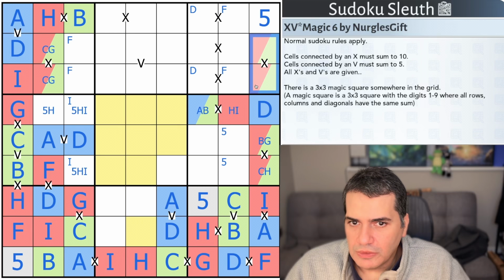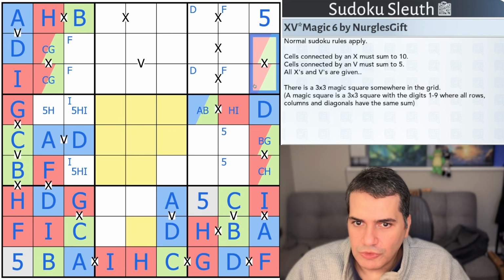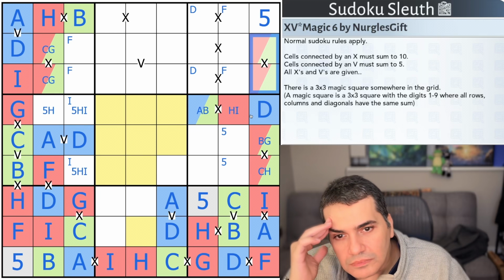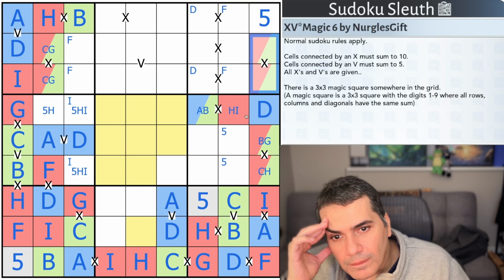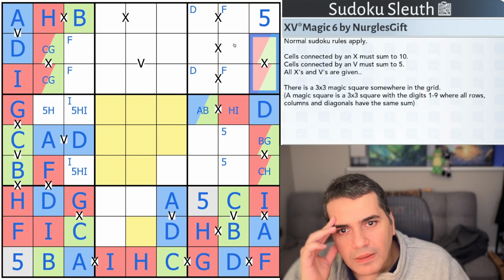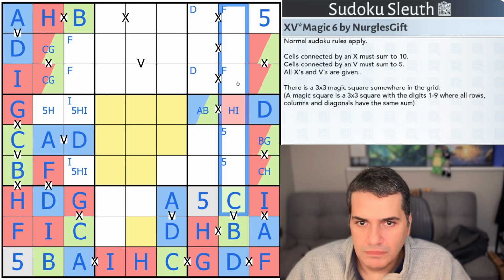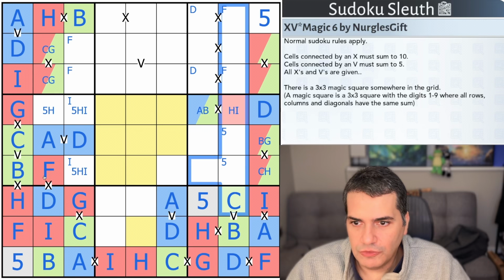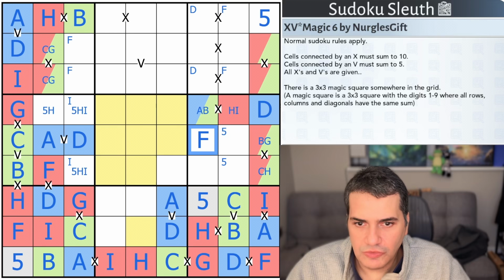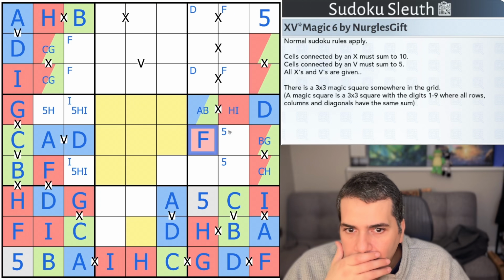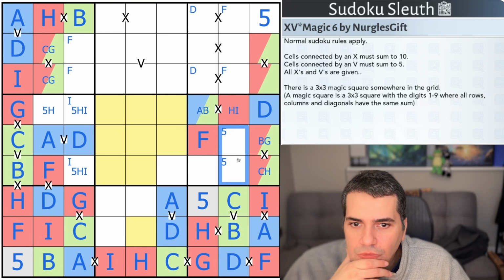Not going to pencil mark these. Basically, both options work for the moment. F is not here because of Sudoku. F is not there, Sudoku. That's F. I need another low digit.